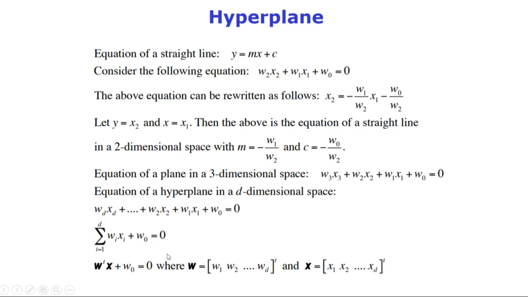This is the equation of the hyperplane in d-dimensional space. Or you can represent it in vector form, where capital W is W1, W2 up to WD transpose. Similarly, X is X1, X2 up to XD transpose.